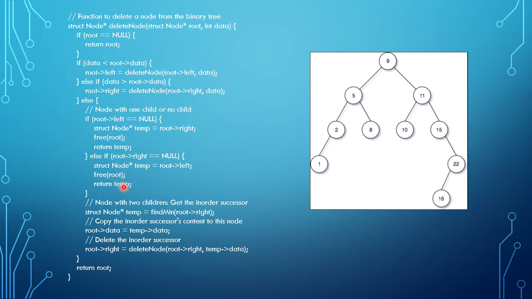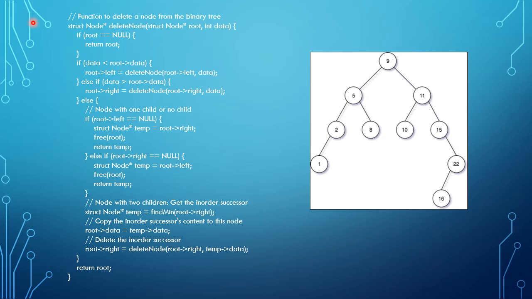And if the node has two children, we find the minimum, that is, the inorder successor, and we delete it, and we return the root node.